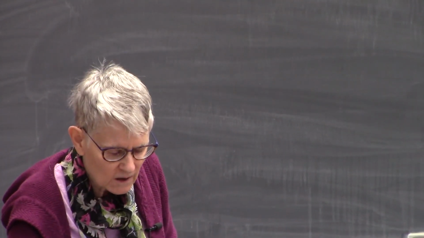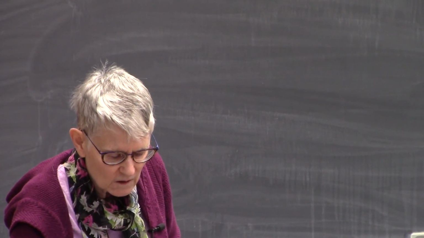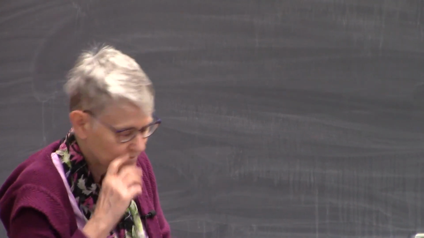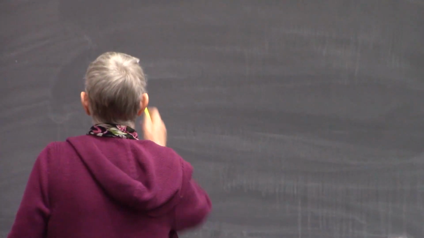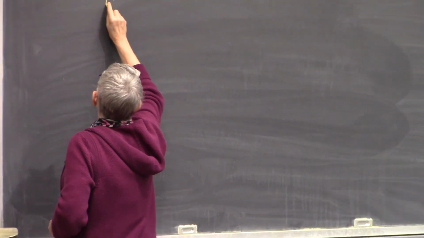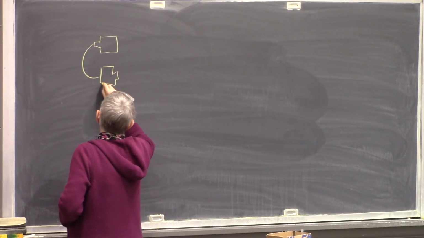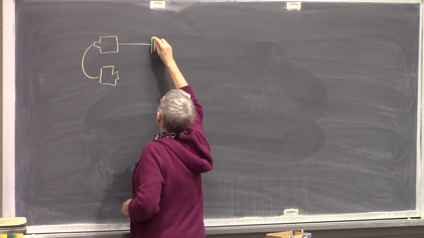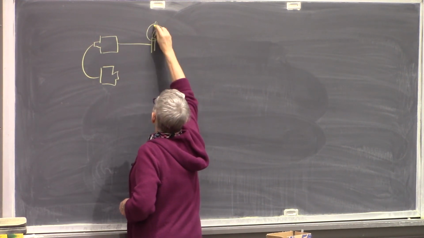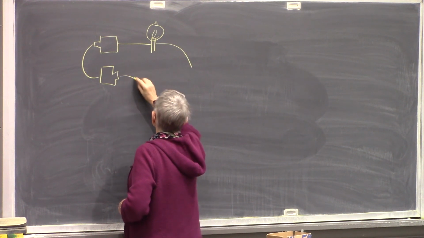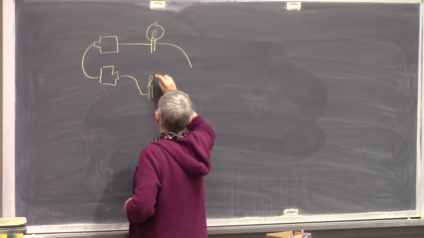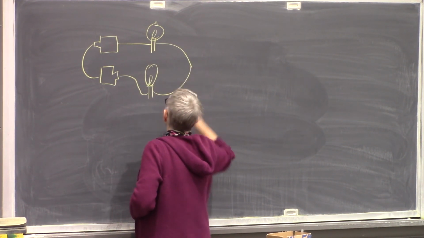So here's our circuit. We have two batteries. We have a round bulb. We have a long bulb.